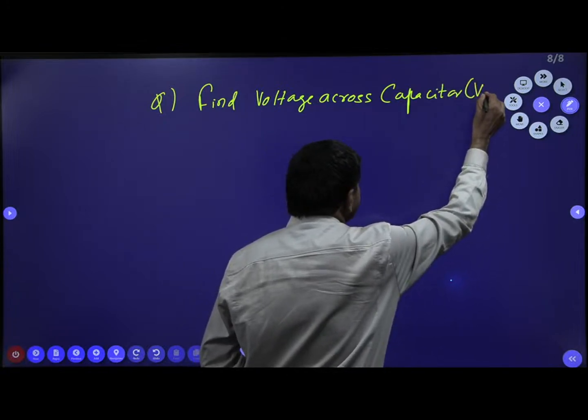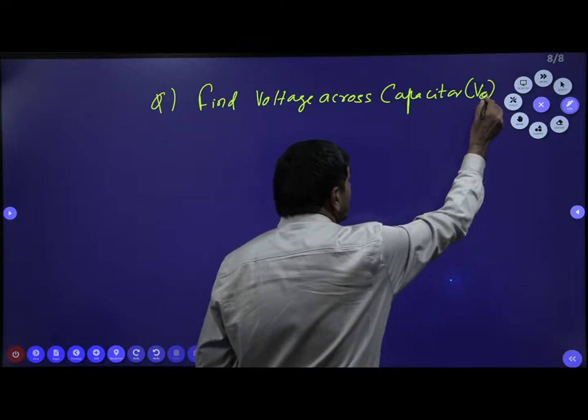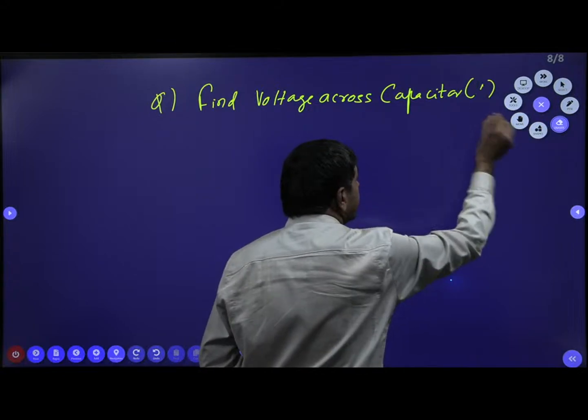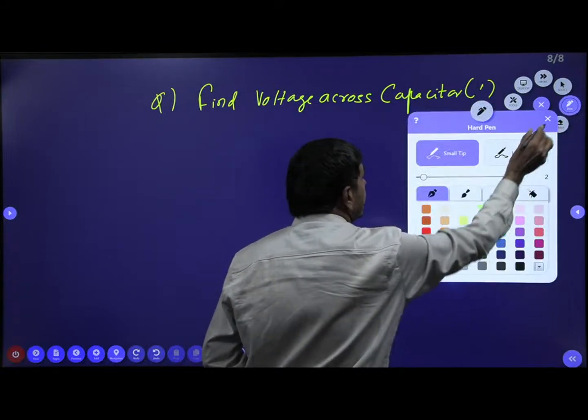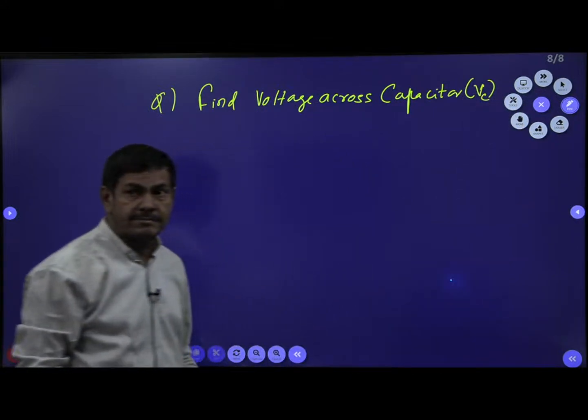It is given as VC, but don't think VC is the collector voltage. No, this is the voltage across the capacitor that I have taken here now.